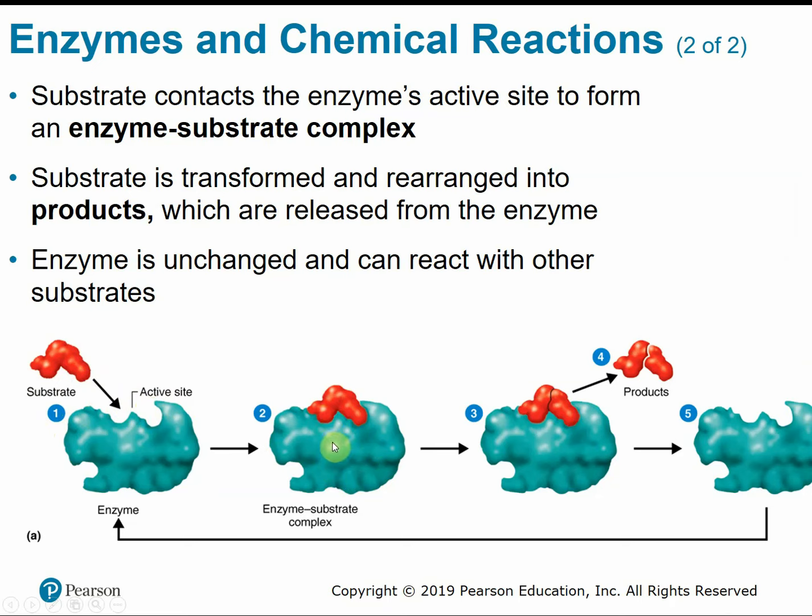So from here, the substrate will be transformed or rearranged into the product. So our chemical reaction will now occur. So once it's completed, we have our end products. We release the products from the enzyme. So at the end of this process, the enzyme is unchanged. Right? So it is free to react with other substrates. So another substrate can come along and bind, and it can continually produce these products.